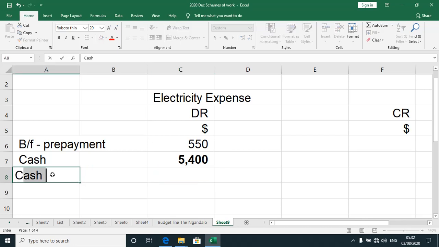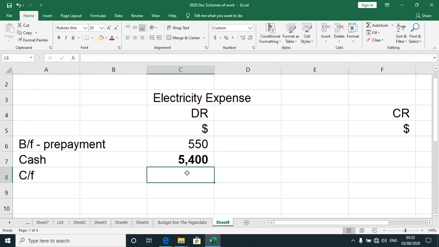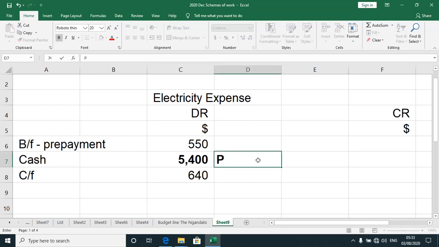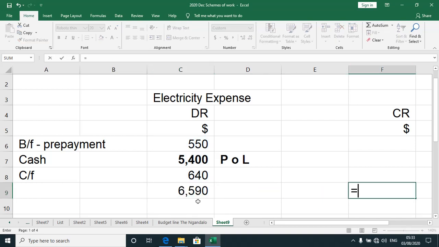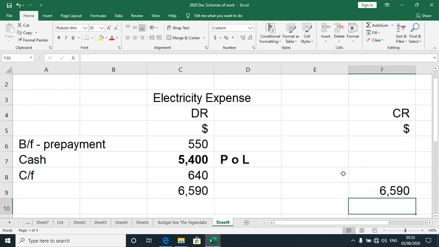If you have got an accrual, of course you put it on the debit side because it's a current year expense. So then the transfer to the profit or loss will be the sum of the figures that we have. If I may just sum it up, and also here, and also there.